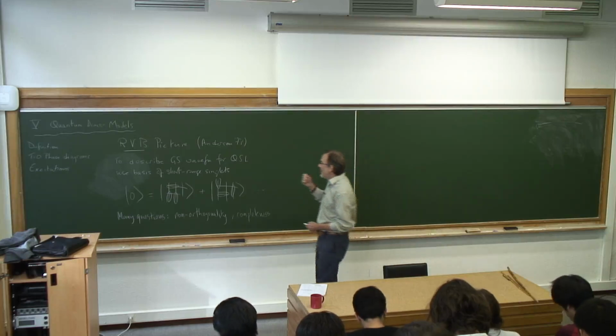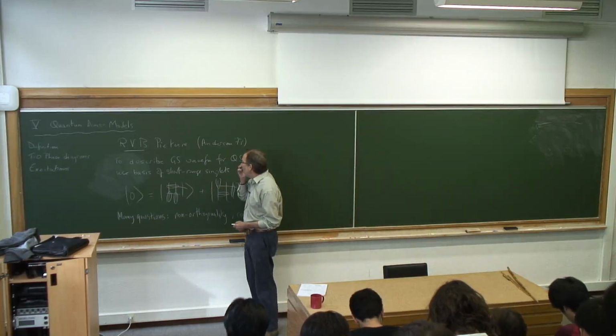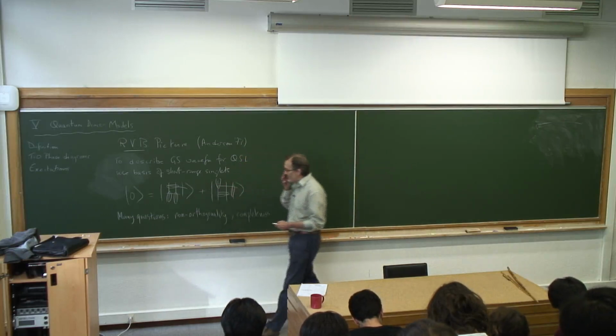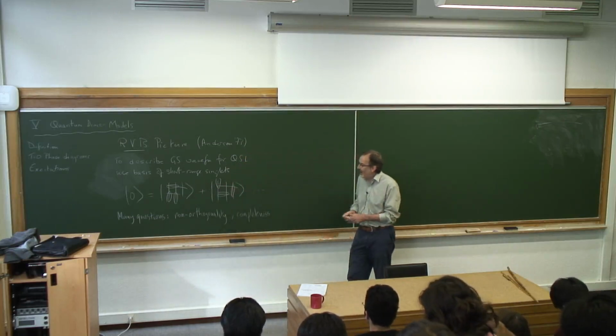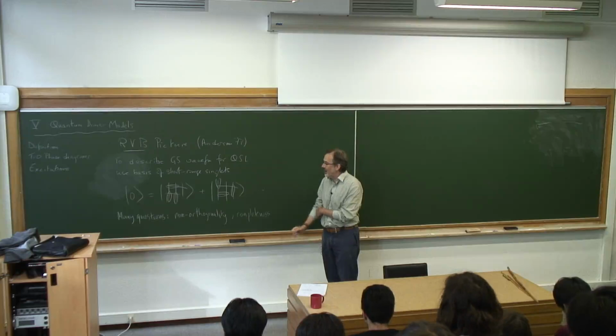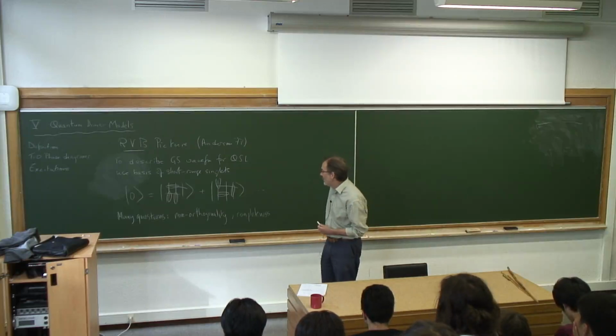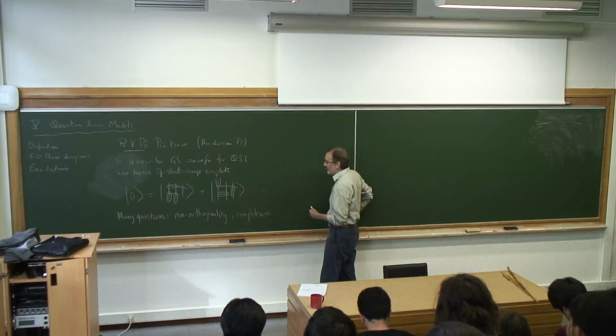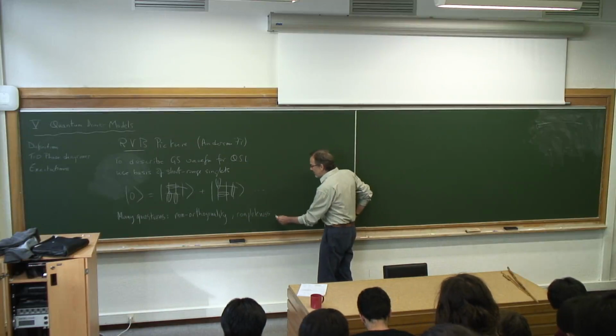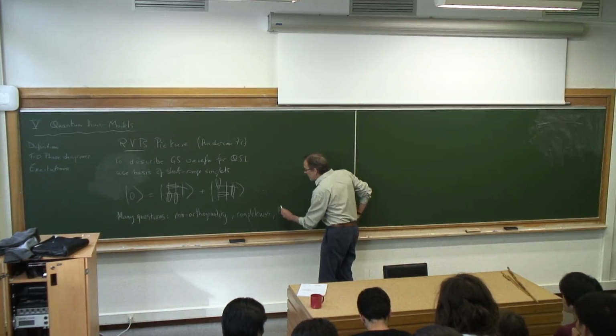Once you start trying to think of a spin liquid in this sort of basis, then for symmetry you'd like to ask yourself what the Néel state would look like if you tried to write it in this kind of singlet basis.